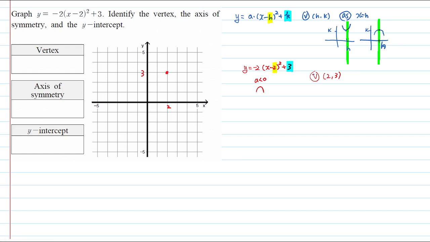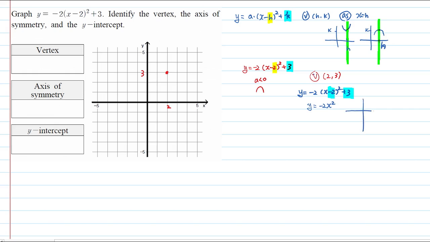Now here, what you need to be careful is this. When you look at the question, y is -2 (x minus 2) squared plus 3, just ignore the 2 and the 3. That means my parent function is y is -2x squared.